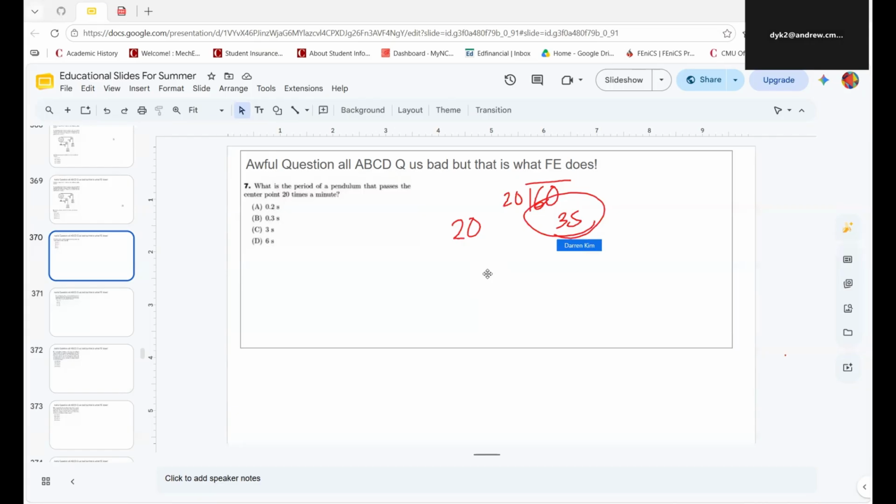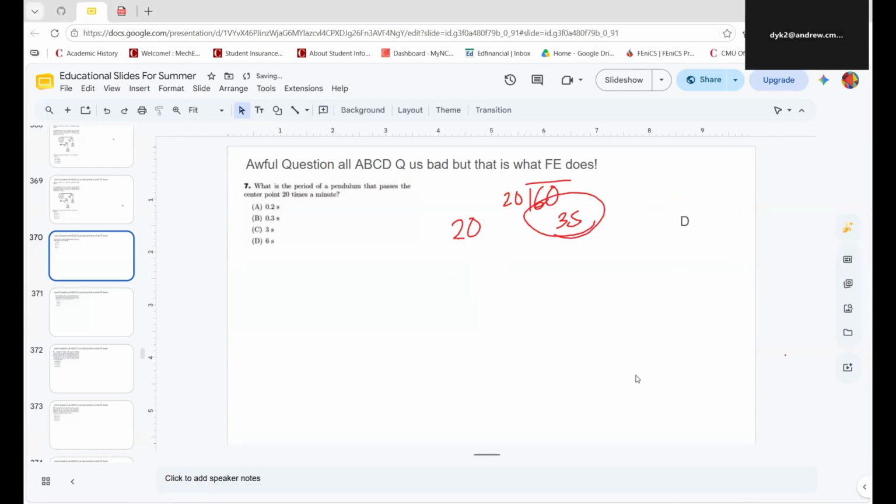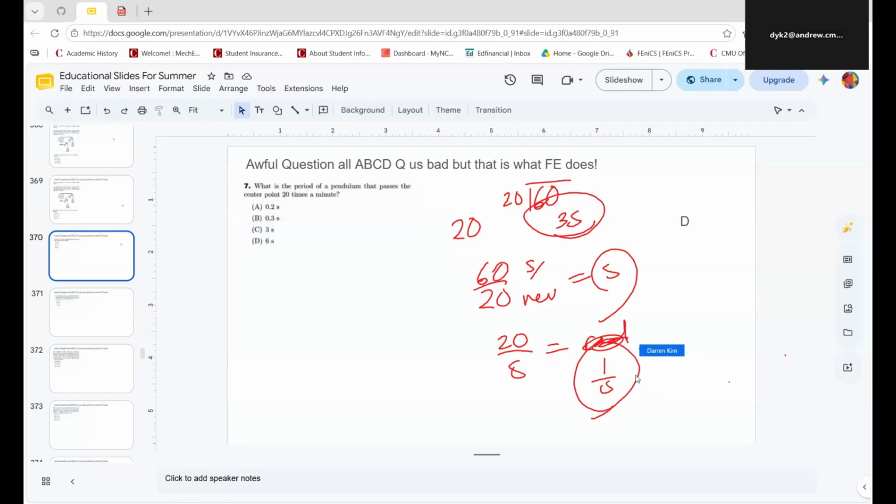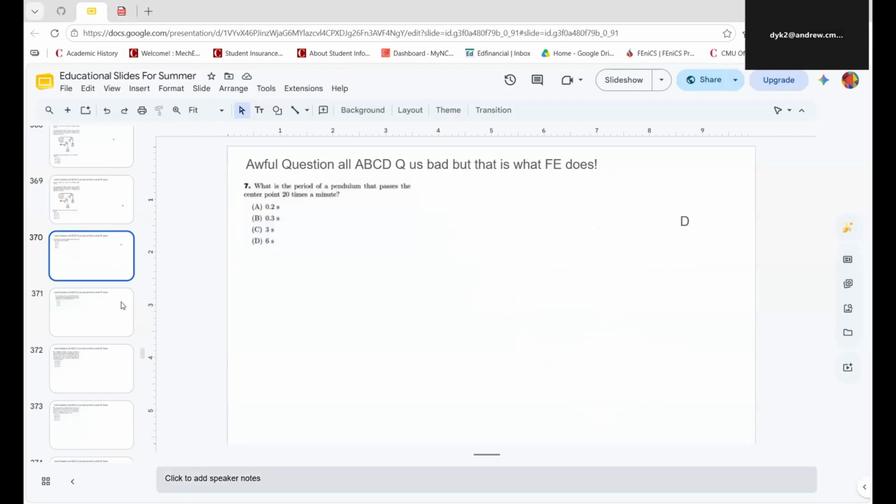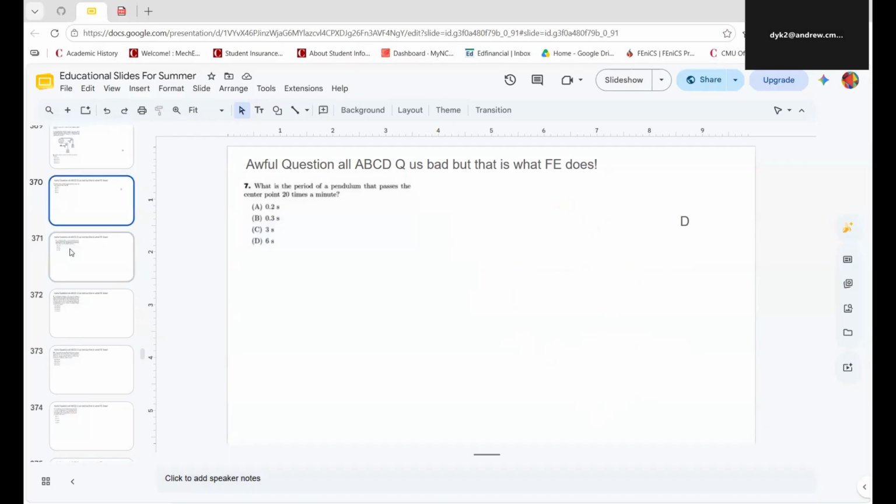In my opinion, that is right. How I knew that: if I divided 60 over 20, this is seconds over rev, that equals seconds. If I were to do 20 over seconds, I'd get 1 over s, which is rad, which is not correct. That's how I figured it out.